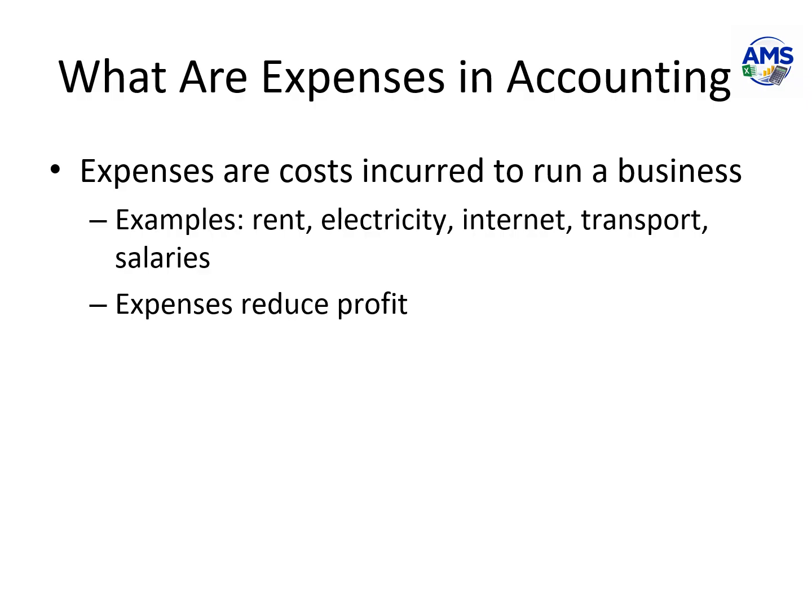Examples are rent, electricity, internet, transport, salaries. So the more expense you make, the lower your profits, because it will reduce your profits. If you don't record expenses correctly, your profits will always be wrong.